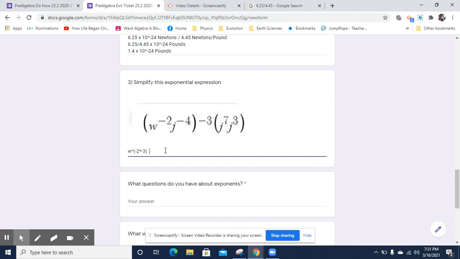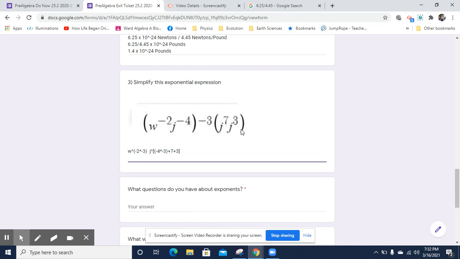And then I've got j to the negative 4, to the negative 3 power. And then over here, I've got j to the 7 times j to the 3rd, so I can add 7 plus 3 to what I get there. So I'm going to use a bracket to group the groupings.